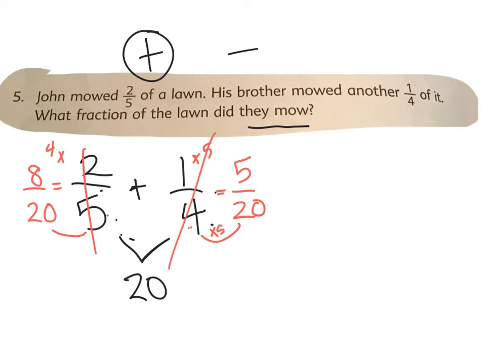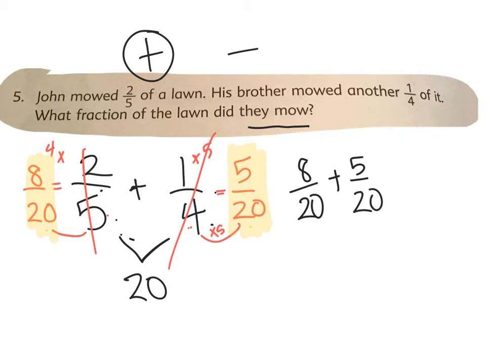So now our new fractions are 8/20ths and 5/20ths. Now, since they have common denominators, I can go ahead and add them. So 8/20ths plus 5/20ths.